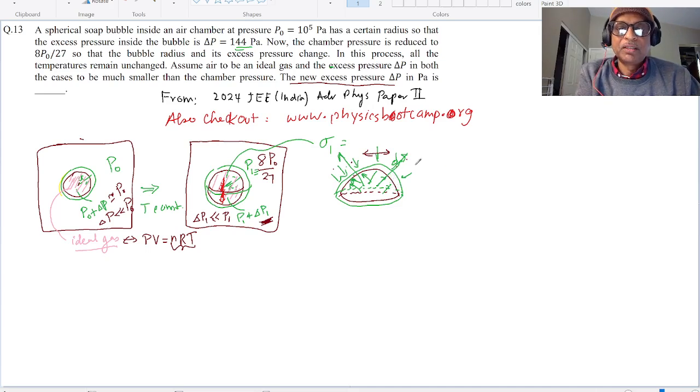So as far as surface tension is concerned, there's a force down, sigma 1 times this whole line.